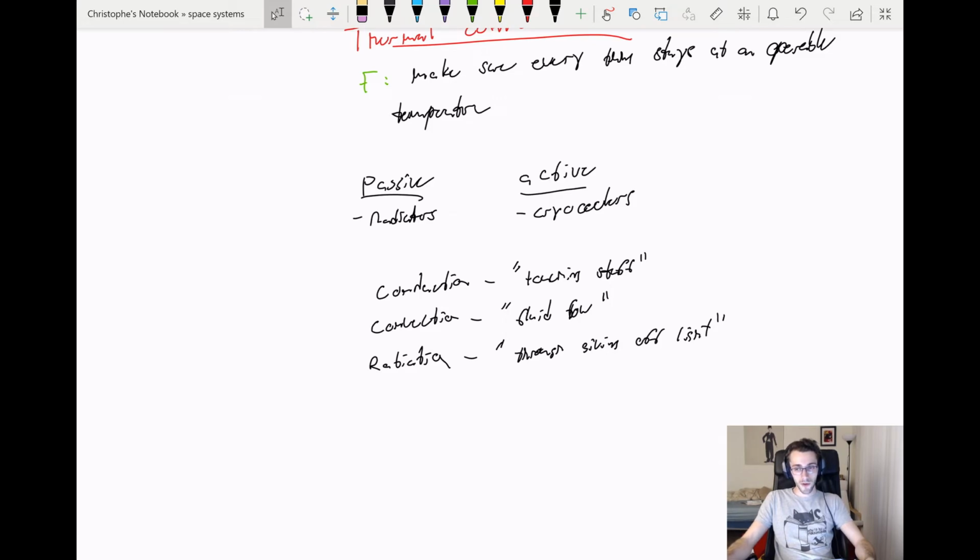Now, you might be saying, that doesn't sound very efficient, because in some cases it's not nearly as good at giving away heat as something like convection. But that's because we don't really have an atmosphere to deal with in space, right? I mean, we can't touch something else in space. You're just the space vehicle, just the satellite. There's nothing else to touch to transfer heat onto, unless you have a massive block of zinc or something that you want to cool yourself off on.